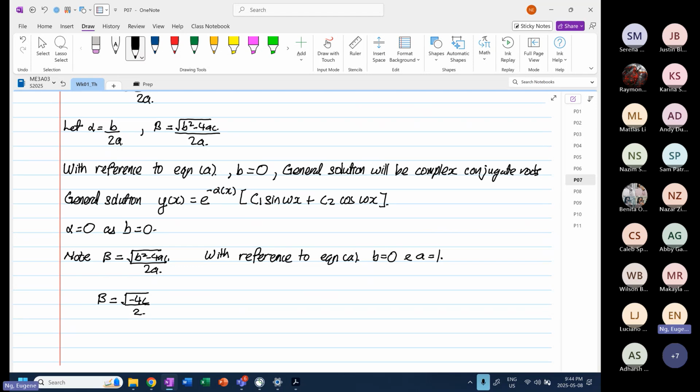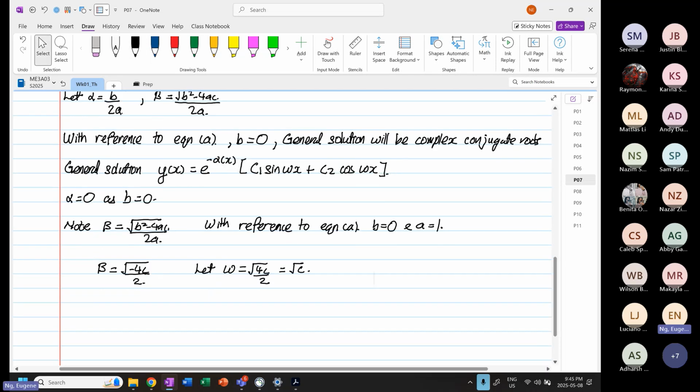Because it's impossible to do a square root, we are going to let omega be equal to the square root of 4C divided by 2. So when that's the case, omega is equal to square root C.